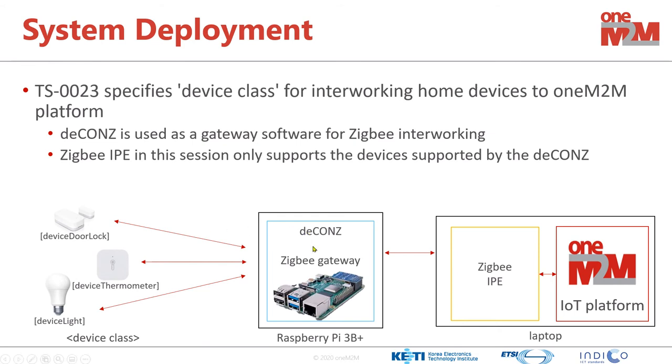And they are connected with the Zigbee device, and the board itself is a Raspberry Pi, and we will put the Zigbee dongle, and to work with those hardwares we use deCONZ as the software for the gateway. There's the Zigbee IPE that we provide, and the code implementation at the moment is based on the deCONZ APIs, because this one provides the REST APIs.